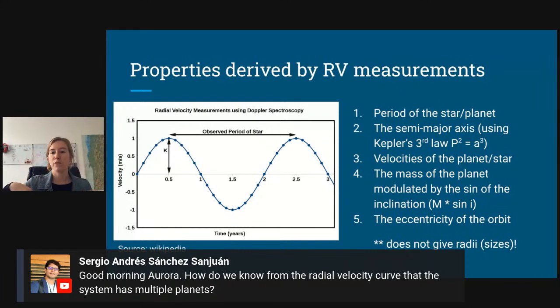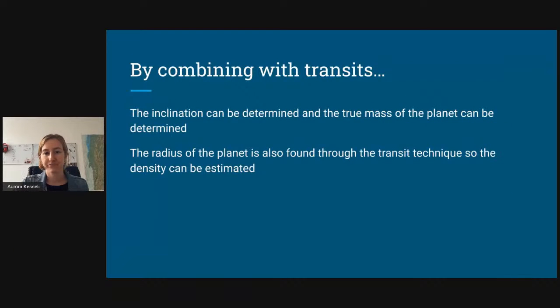Then you remove that and see if you can now see a smaller trend in the data once you've removed your first planet. You can do that over and over again and see if you can find multiple planets. That's a good question. Maybe I will look for a plot that shows that.